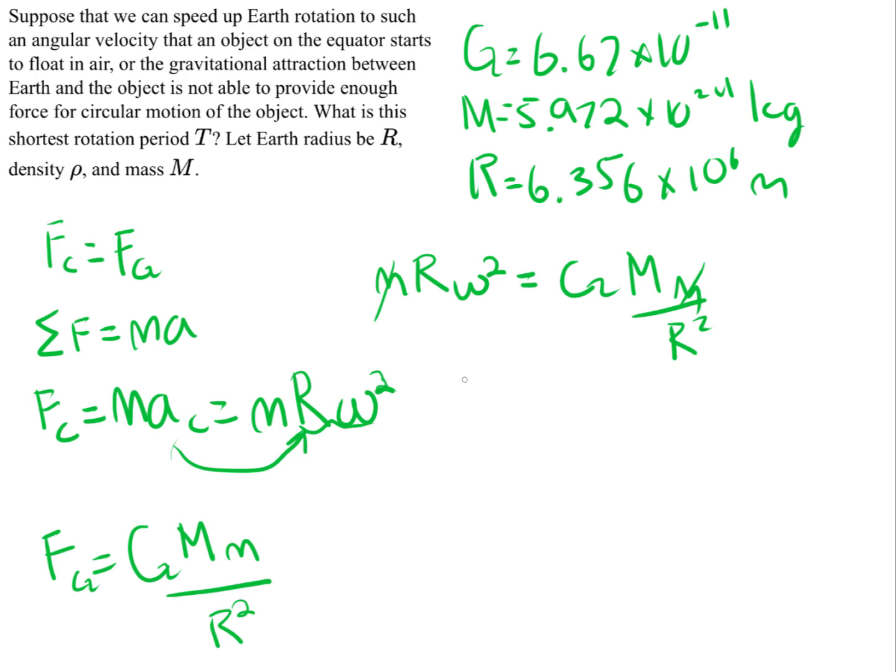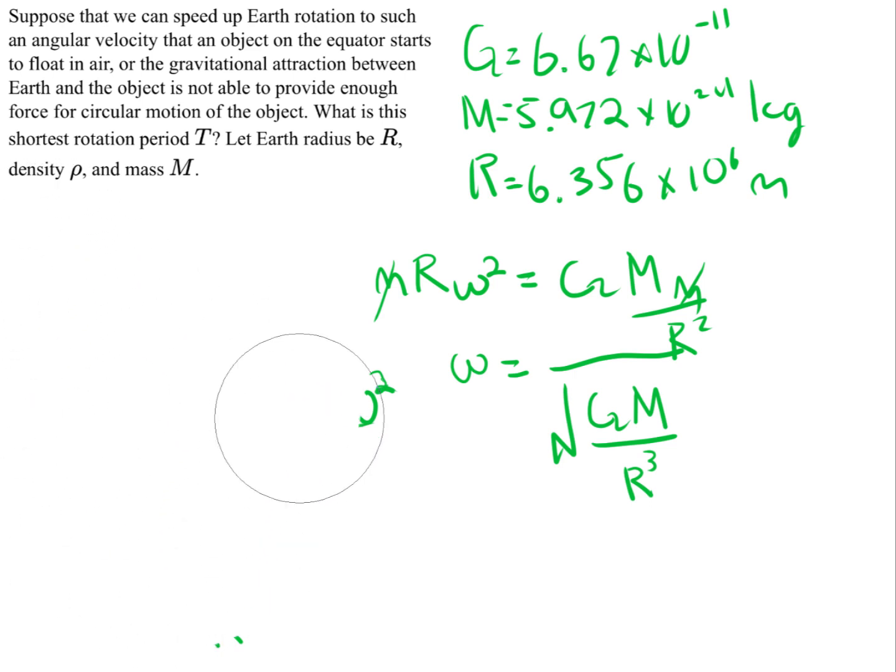So we're left with this, and then we can say the angular velocity is equal to the square root of G times the mass of the Earth over r cubed, the radius cubed. So I'm going to erase this to make more space. And if you remember, the angular velocity is equal to 2 pi over the period t.